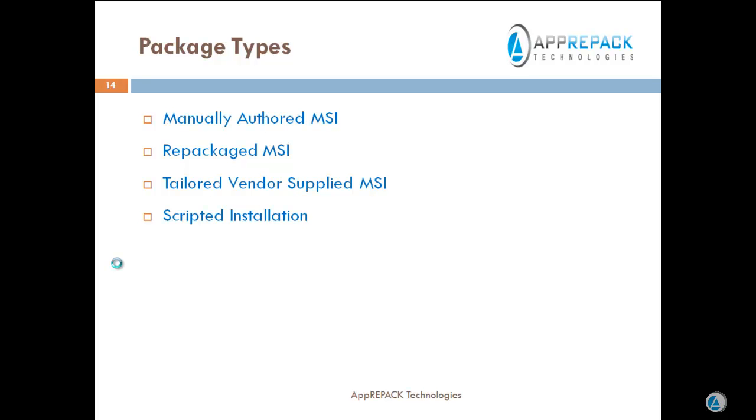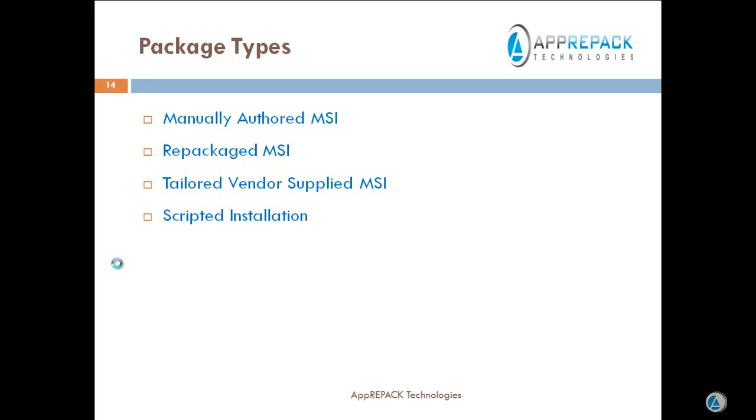For example, Microsoft releases Communicator in the form of an MSI, Adobe releases Reader in the form of an MSI, Skype releases Skype in the form of an MSI, and so on. So these are called vendor MSIs or vendor supplied MSIs.